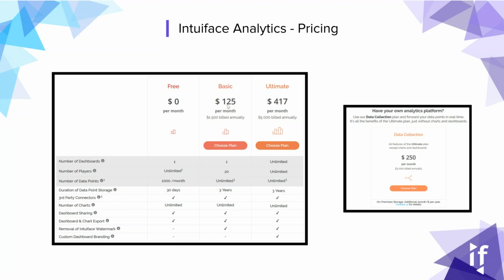And that's 1,500 annually for up to 20 players. If you want unlimited dashboards, unlimited players, then you go to the ultimate plan, which is 5K annual. Unlimited data points, unlimited players, unlimited dashboards, unlimited charts, and you get to customize the dashboard.